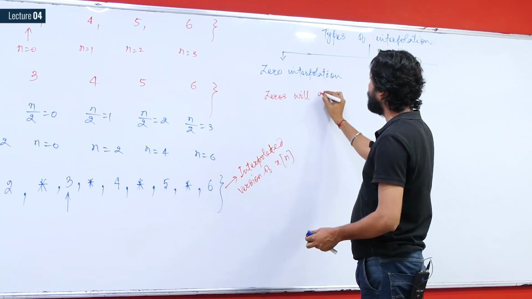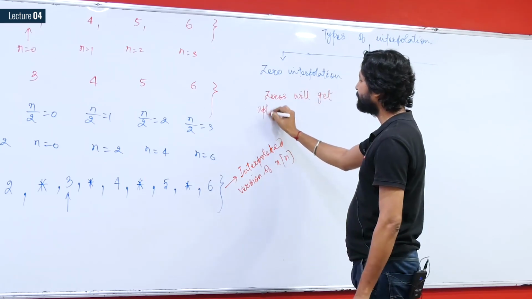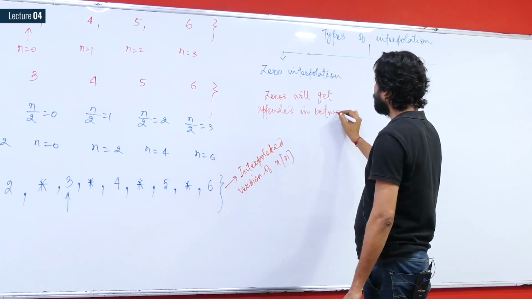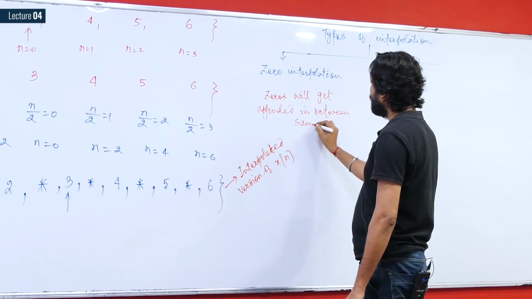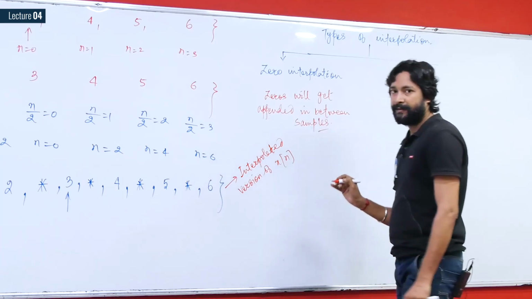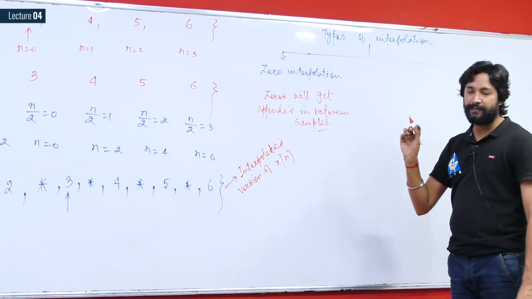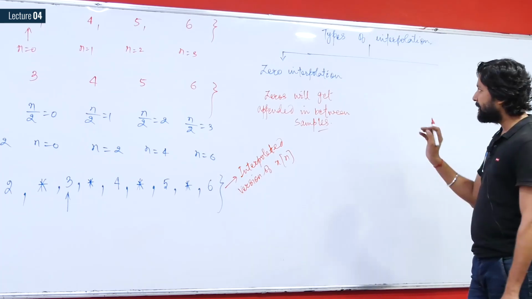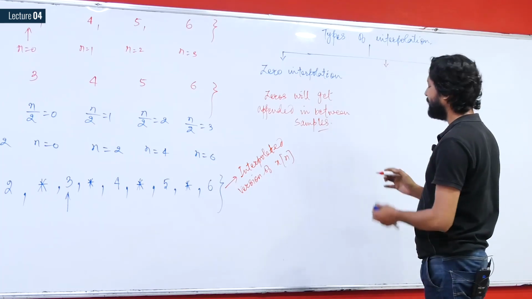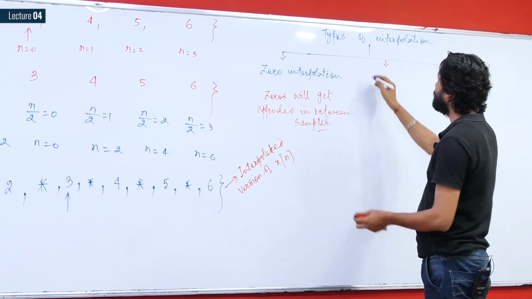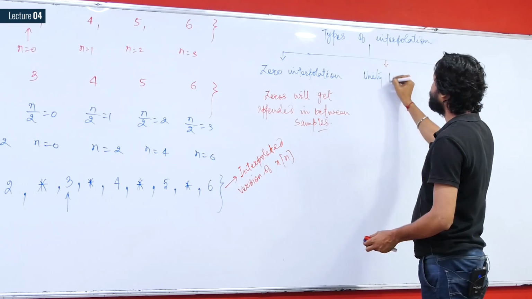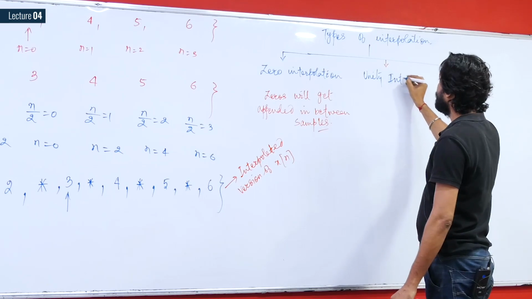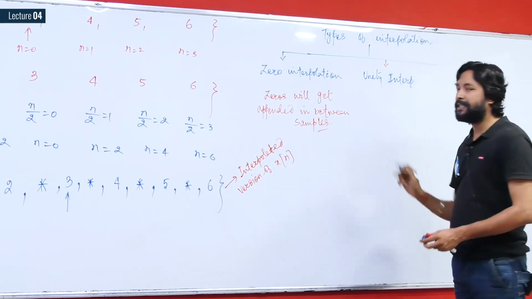in between samples. How many zeros, we will discuss later. For the time being, zeros will get appended in between the sample values wherever we have used the star mark. Similarly, the next type of interpolation can be unity interpolation. By the name itself, you can judge that unity means ones.